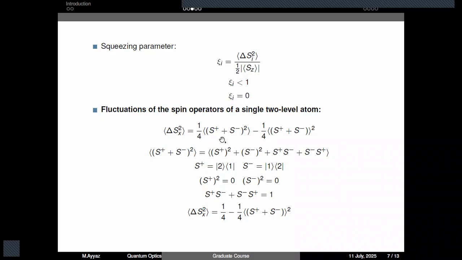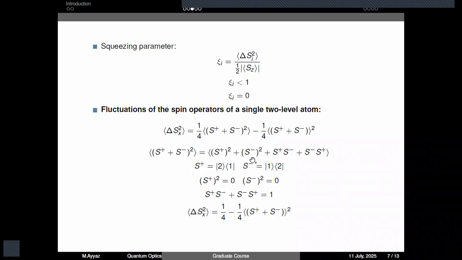So we can write the variance of the x component of spin in this fashion, and let's try to solve the expectation value of the spin x component squared.